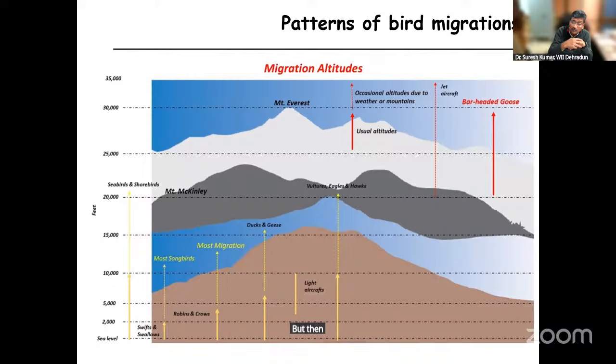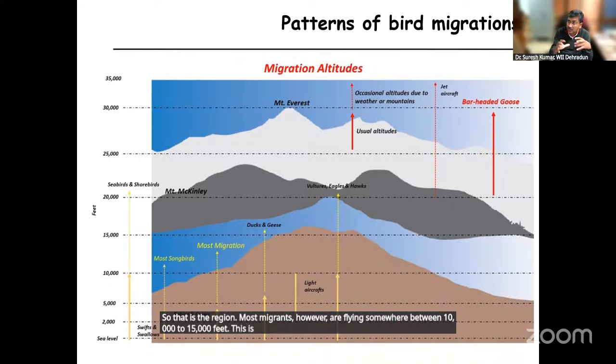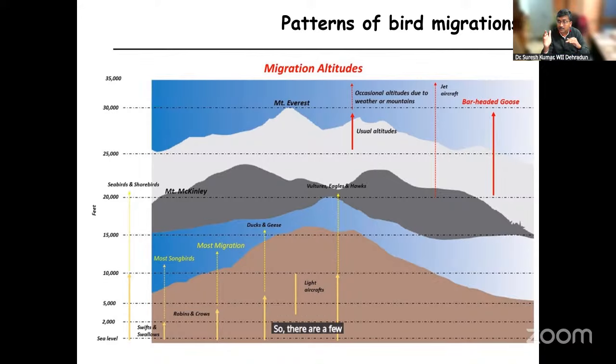But if you look at swifts and swallows, small birds, they were flying below 2,000 feet. Most migrants, however, fly somewhere between 10,000 to 15,000 feet. This is what literature says, what has been documented so far. There are a few exceptions, but a majority of them fly in this particular altitude band.